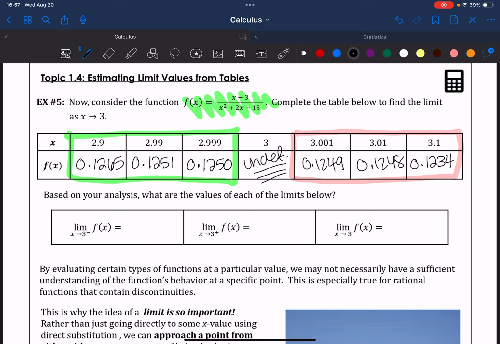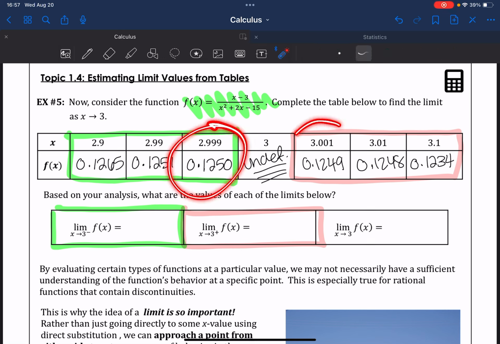And then it says, based on this, can you tell me what the values would be approaching 3 from the left and approaching 3 from the right? Well, if we look at this, what this is telling us is to look at the values closest to 3, and that would be 2.999 and 3.001.